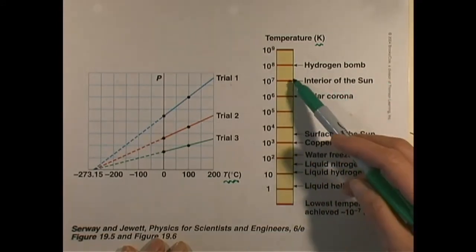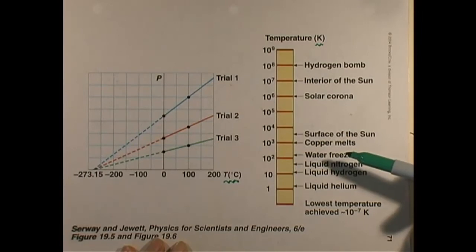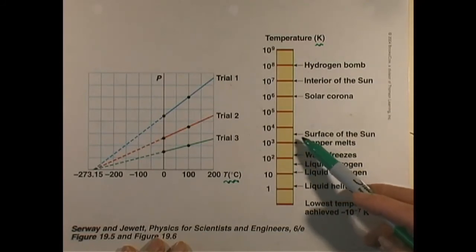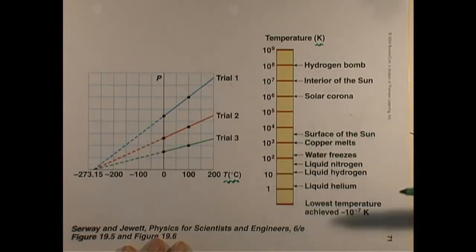The interior of the sun is around 10 to the 7, which is 10 million K, and so forth. The surface of the sun is around 5 to 6,000 K. And the lowest temperature achieved is 10 to the negative 7 K, which is very, very close to 0.